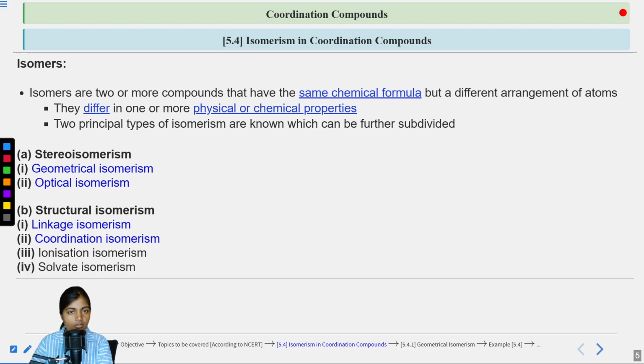So under stereoisomerism we have two subdivisions, geometrical and optical, and under structural isomerism we have linkage, coordination, ionization, and solvate isomerism. Today we are going to cover these four types: geometrical, optical, linkage, and coordination.